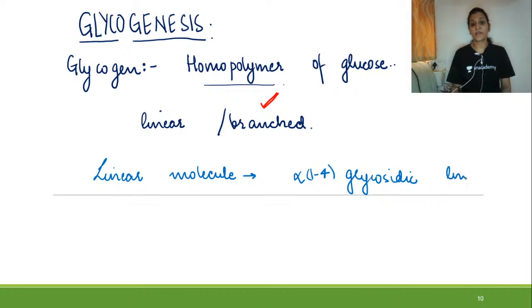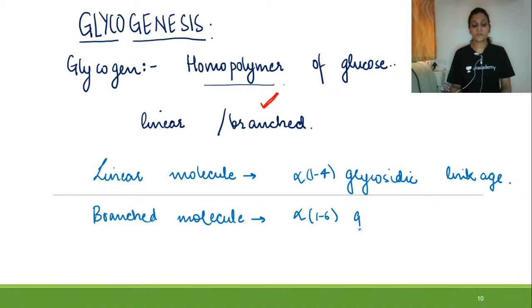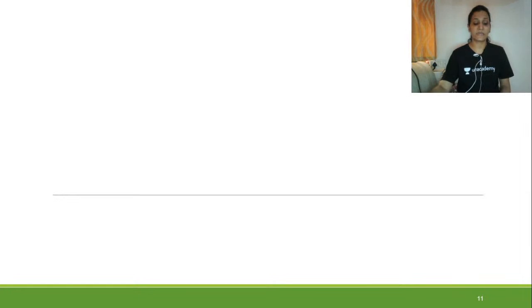And for the branch molecule, which kind of linkage is it? It is alpha 1,6 glycosidic linkage. So for linear, it's alpha 1,4. For branch, it is alpha 1,6 linkage.